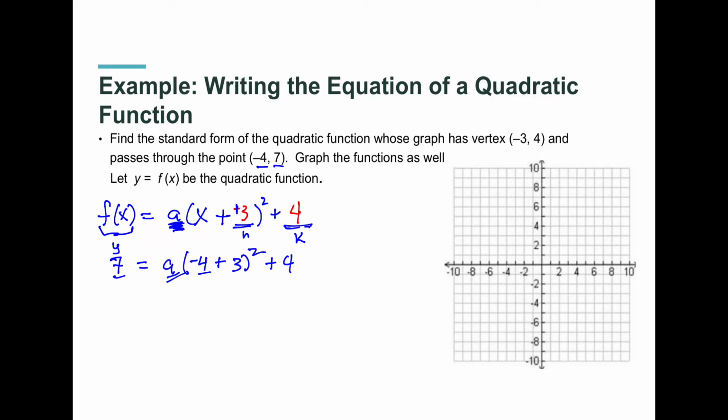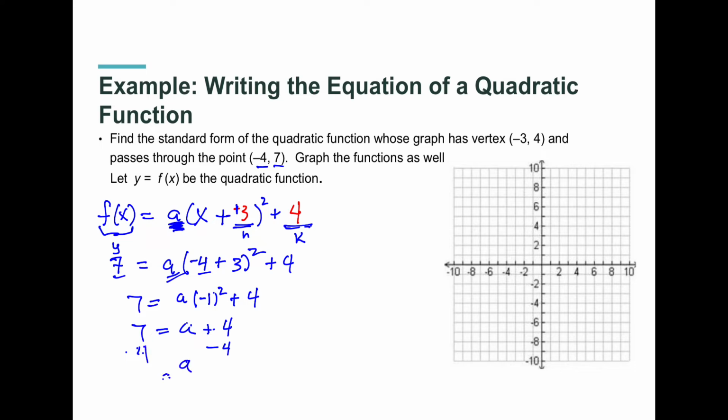So let's simplify. Negative 4 plus 3 is negative 1. Still have my a there, plus 4, 7. Well, negative 1 squared is just 1, so that just leaves me with a plus 4 equaling 7. If I want to solve for a, I just want to subtract 4.